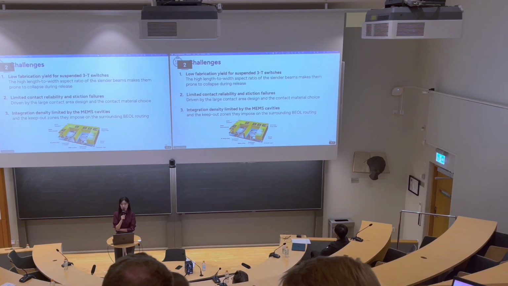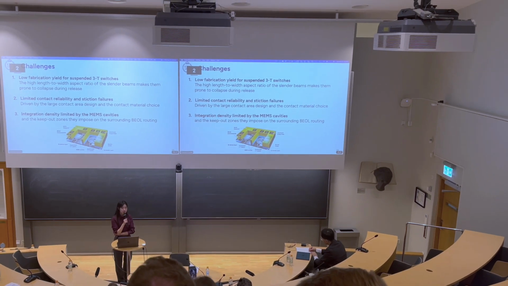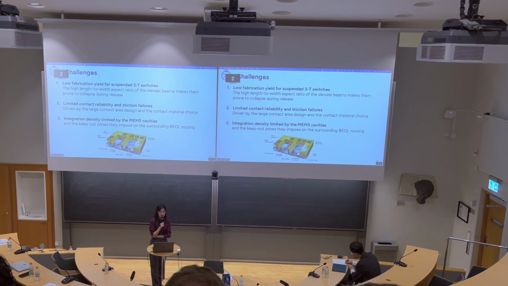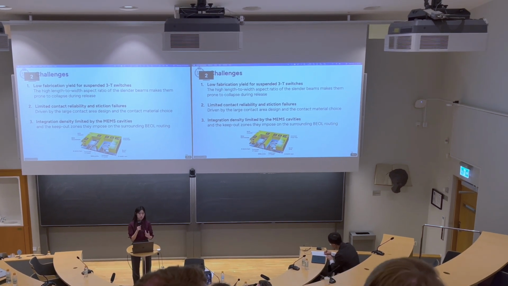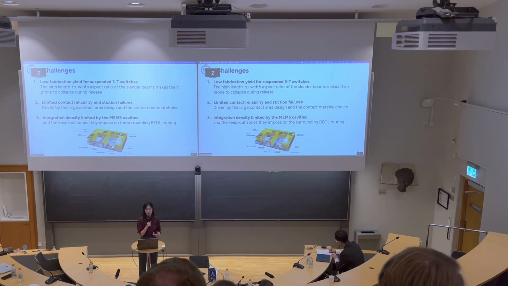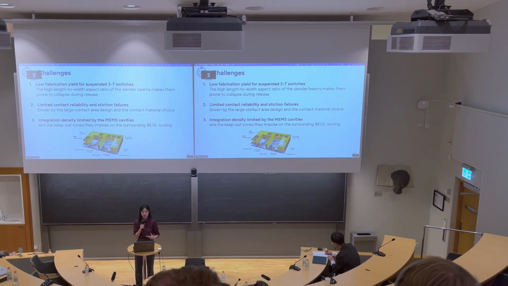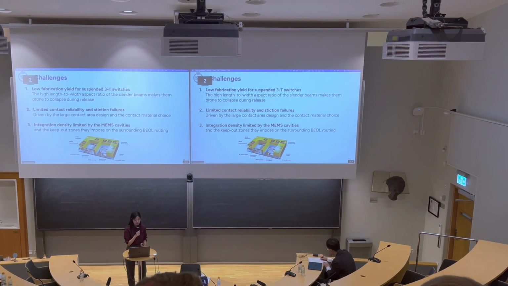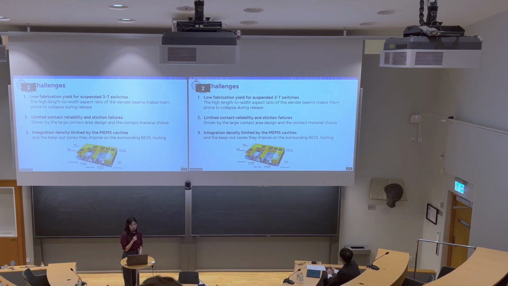And for the first challenge, we did a systematic investigation on the switch geometric parameters in the design, and we mainly make the beam shorter, but we also need to modify the other parameters to compensate for the increased pull-in voltage because we shorten the beams, right? And second, the contact reliability.